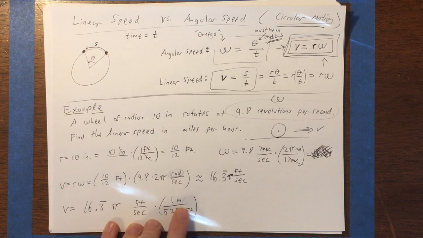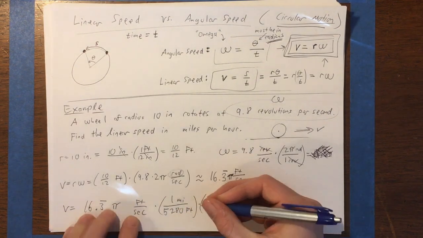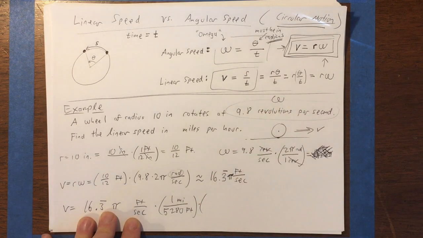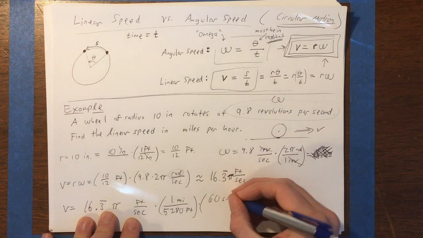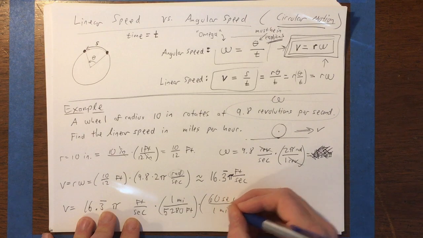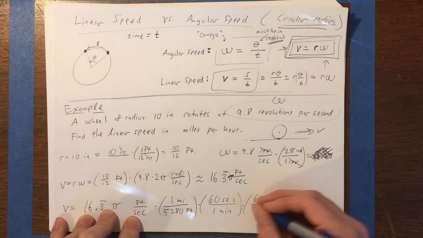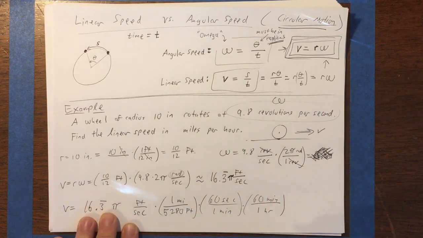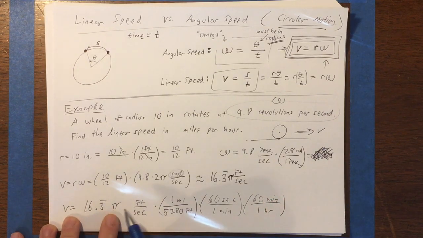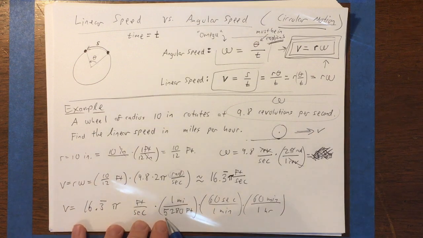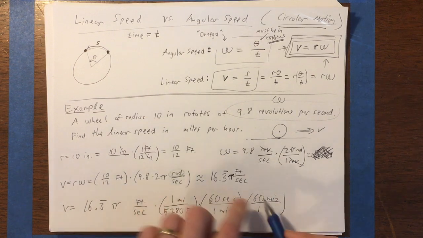So there's that conversion. And then if we want to convert seconds into hours, we have to do, well, 60 seconds per 1 minute. Thank you, Babylonians. Times 60 minutes per 1 hour. So we've got to take 16.3 repeated times pi, divided by 5,280, and then times 60, and then times 60 again.